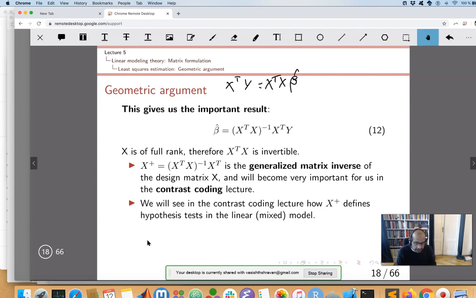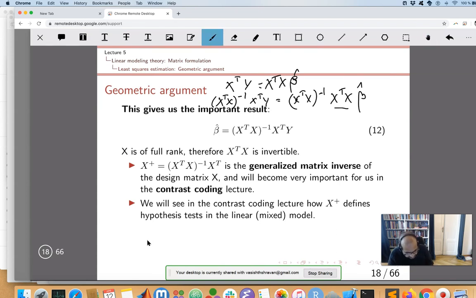Now if I pre-multiply both sides of this matrix with X transpose X inverse, really what I will end up with is X transpose X inverse X transpose Y on the left hand side, and on this side I will get something very cool, X transpose X inverse multiplied with X transpose X beta hat, right? So what's cool here is that I have these terms cancelling out.